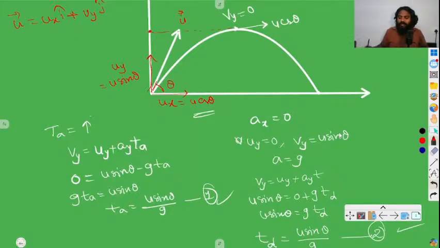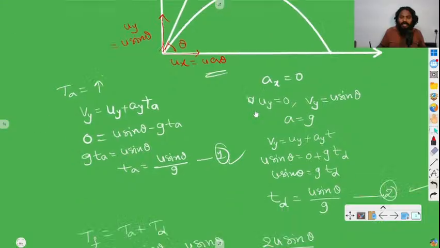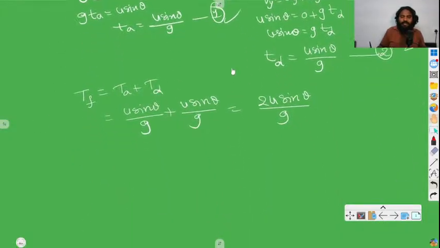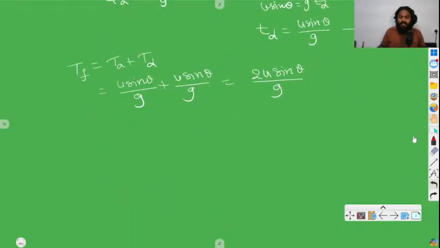So now let's find out h max. If you want to find h max, you have to use the formula of s. For h max, sy is equal to uy t plus half ay t square.